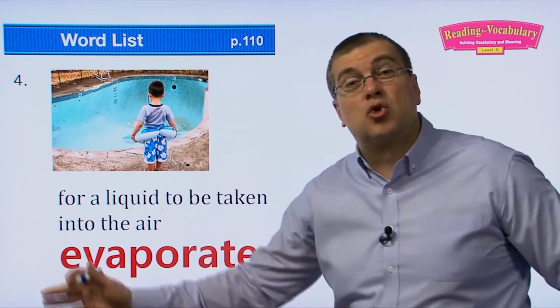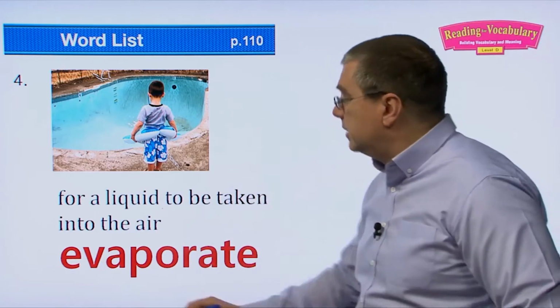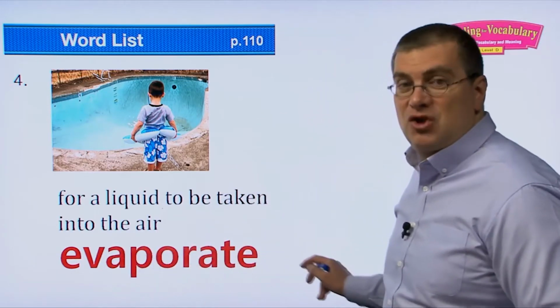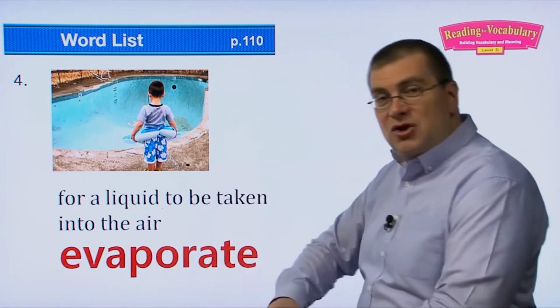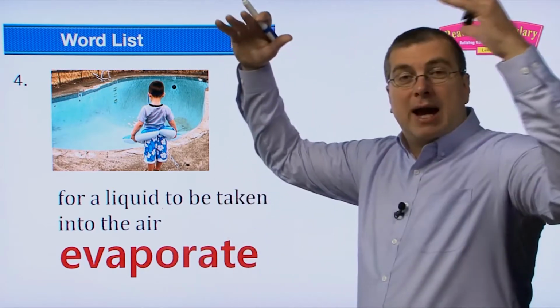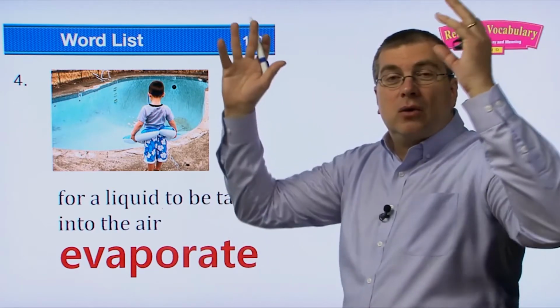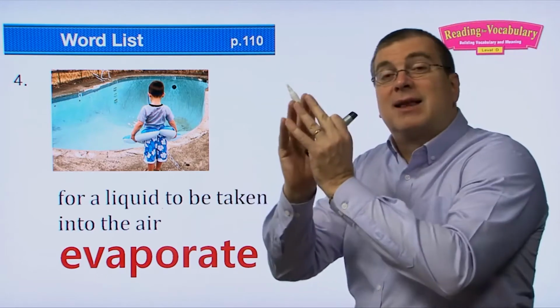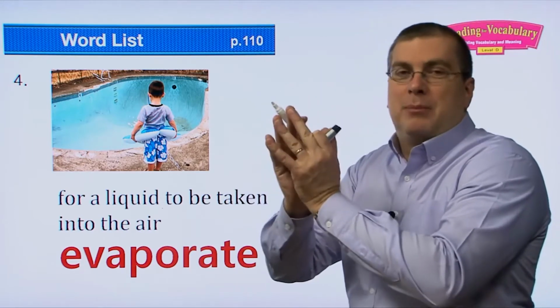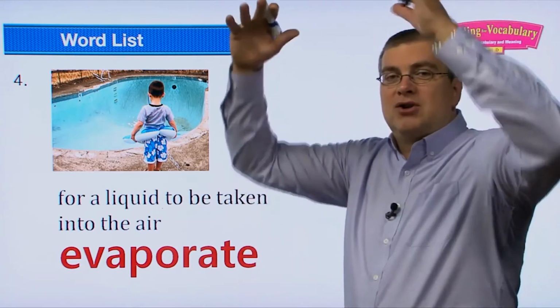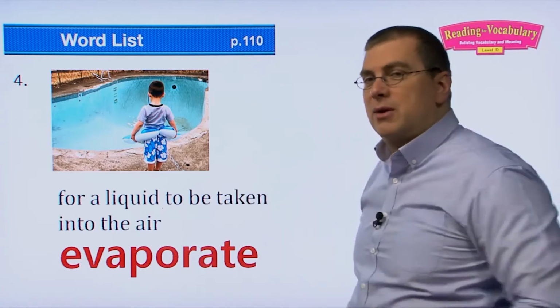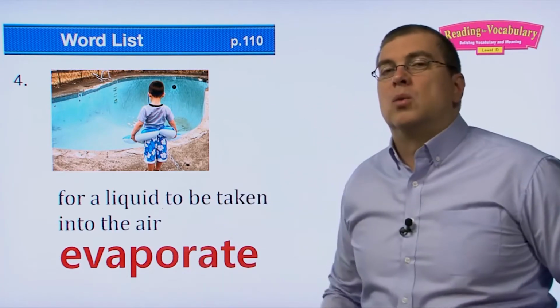The street is very dry again because of evaporation. Okay, so evaporation makes the water go into the air, and then when the air is cool, the water gets together and condensation happens. Okay, so first evaporation, then condensation. We'll talk about those later, but we need to know about those words.